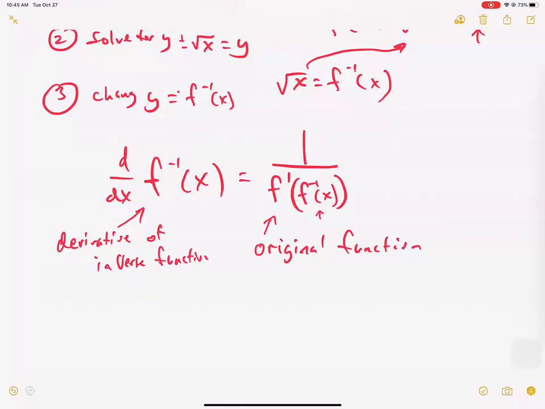It's not x, it's the inverse value. So this essentially is kind of like your y value.